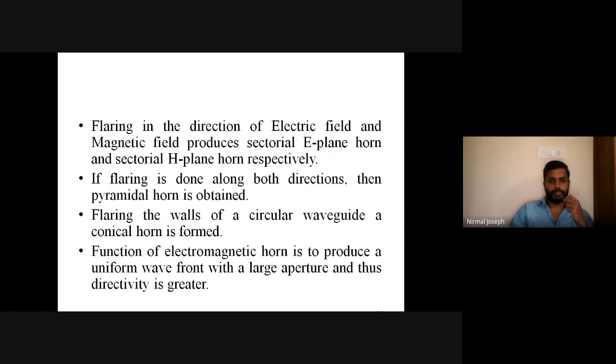Flaring in the direction of the electric field and the magnetic field produces a sectorial E-plane horn and a sectorial H-plane horn respectively. Basically, we know that electric and magnetic fields are perpendicular. Suppose the electric field is perpendicular to Earth, then the magnetic field will be parallel to Earth.